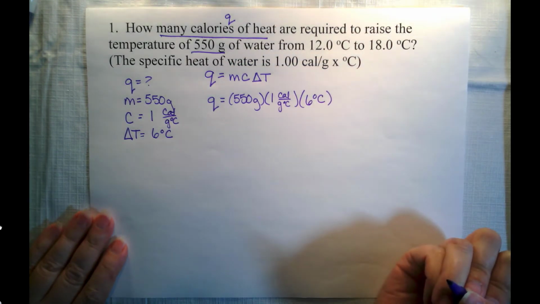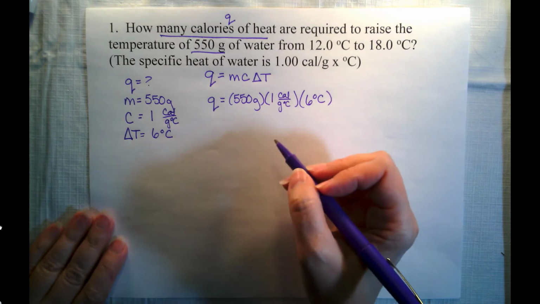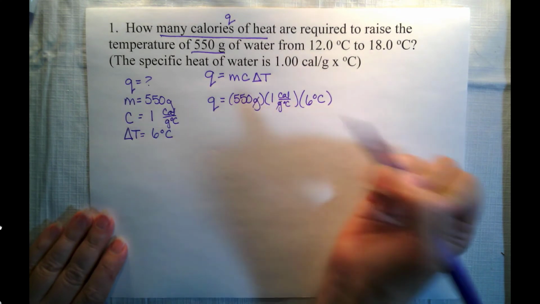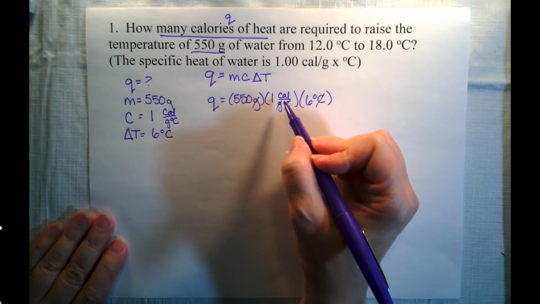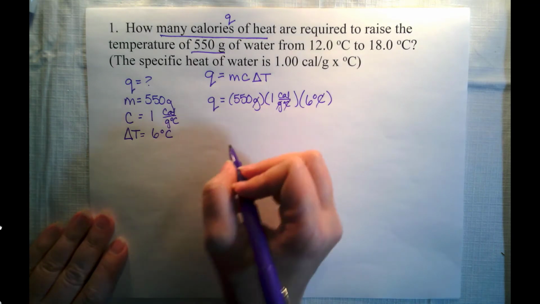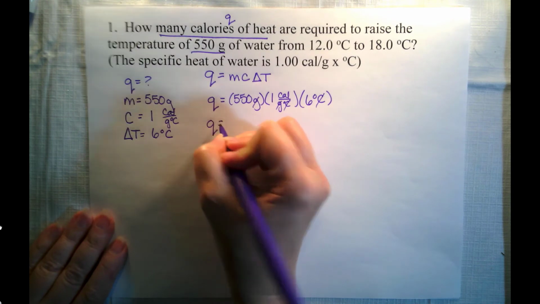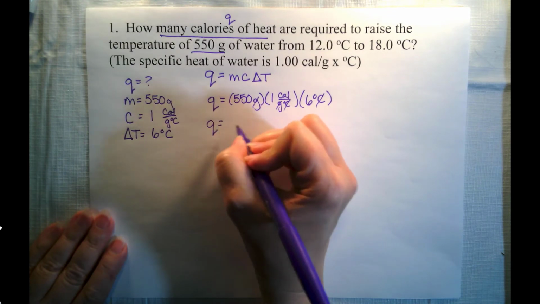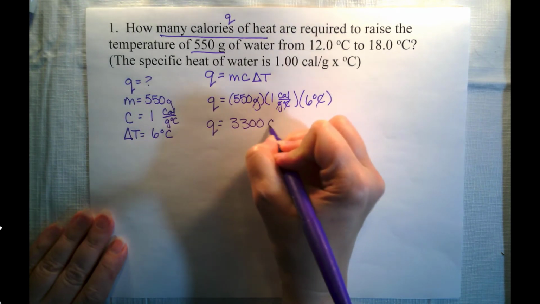Now, just to let you see what's happening with all of our units, grams cancels out, Celsius cancels out, and we are left with calories, which is a heat unit. When you plug all that into your calculator, you get Q is equal to 3,300 calories.